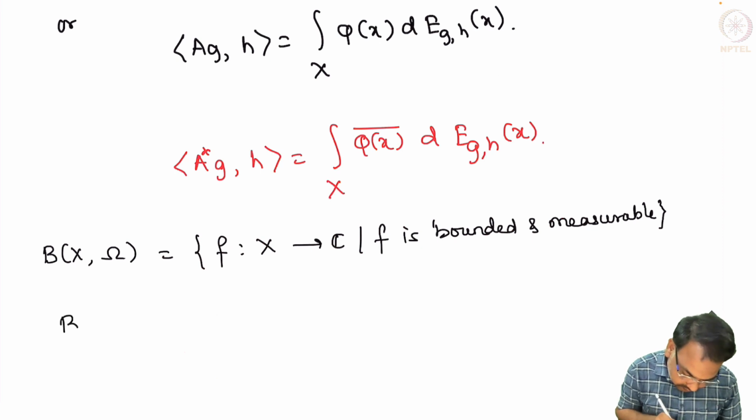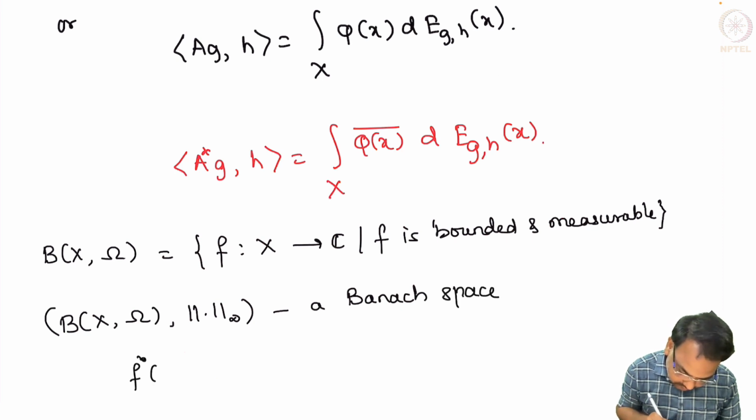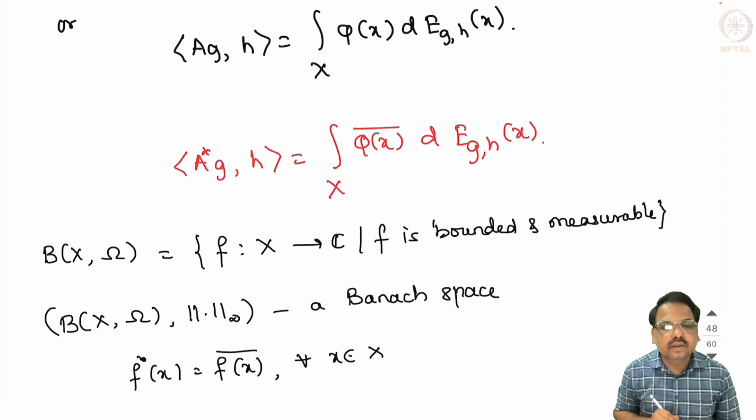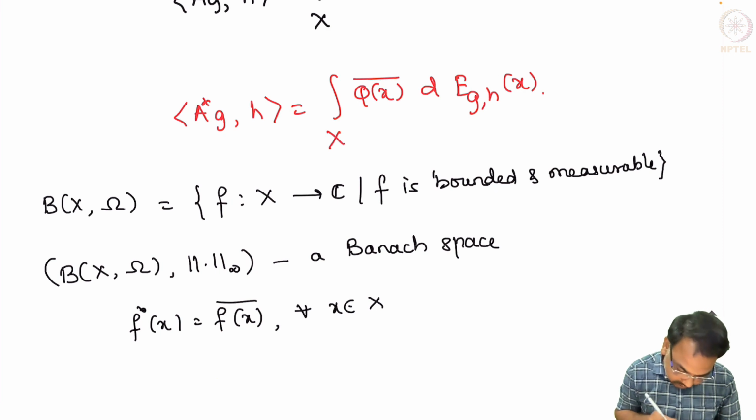So if you define the sup norm on this space, this is a Banach space, and if you define f*(x) as the conjugate of f(x), this is an involution, and with respect to this involution and sup norm, this is a C* algebra. So B(X, Ω) is a C* algebra.